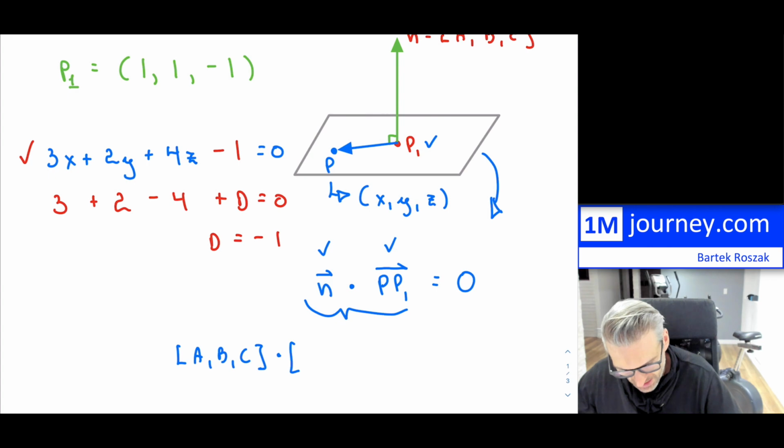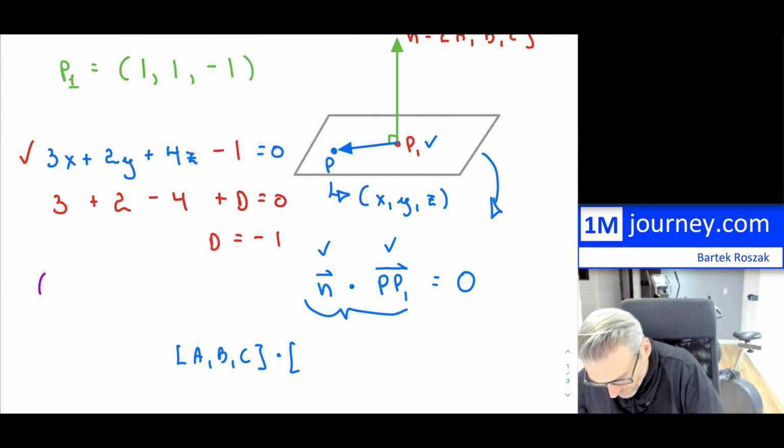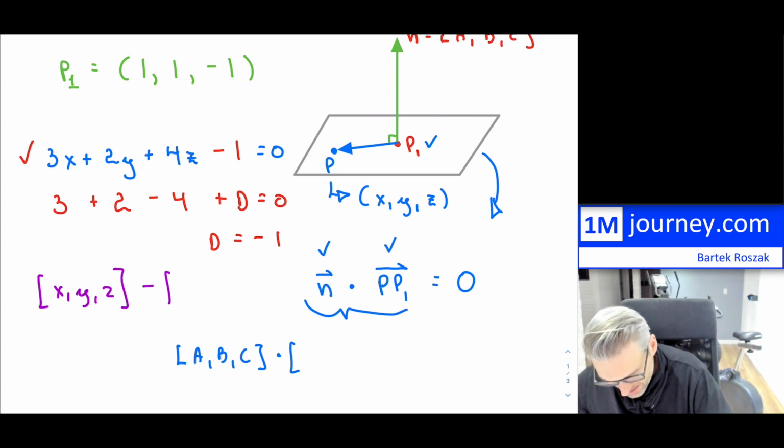So this P and P1, maybe I'll do that here on the side. It would be X, Y, Z, right? Minus, now I can create this as a vector, minus the P1. In our case, we know exactly what this is, but let's say this is P1X, this is P1Y, and this is P1Z.